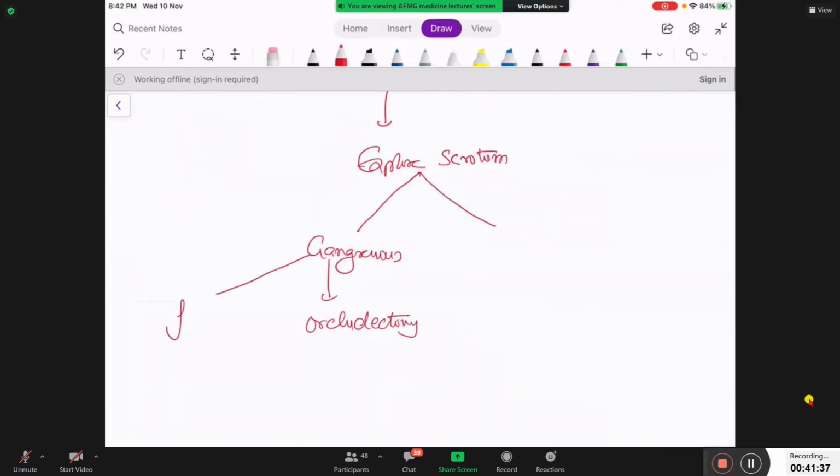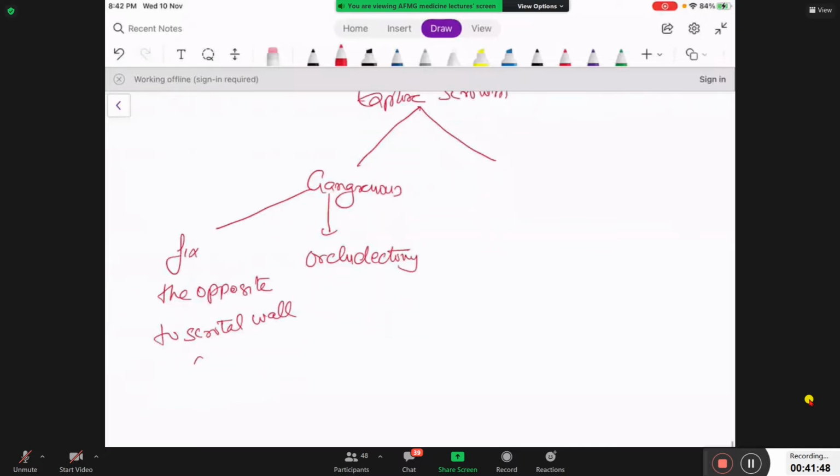But we will fix the opposite testis to the scrotal wall, which is called orchiopexy of the opposite testis, because once a patient has developed testicular torsion of one testis, there is a very high possibility that the opposite side testis also has the chance of a torsion in coming time. So we should fix the opposite testis in the same sitting.